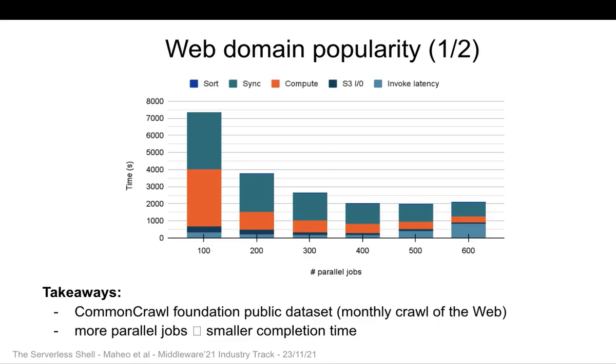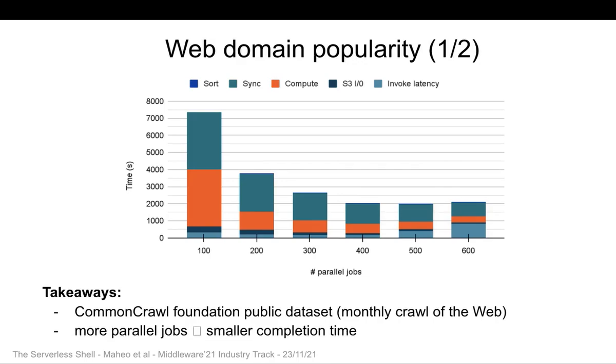So we consider 5 components. First, the invoke latency, the download part, the compute part, which means the data processing itself, the synchronize part, because we need to synchronize the results between all the function instances. And last, the sort part.